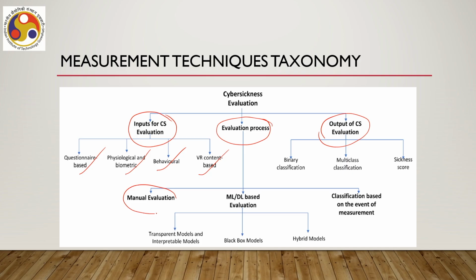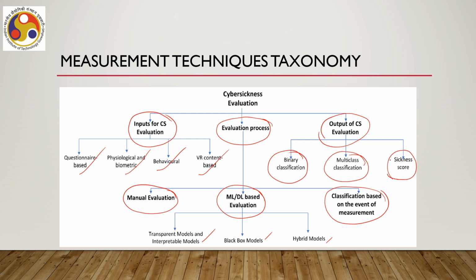We can have manual evaluation, automated evaluation, machine learning based, and real time evaluation while the experience is taking place. There can be further subcategories also as shown here in this summary. Then output also can be of different nature, it can be binary classes, multiple classes or sickness score, a number.